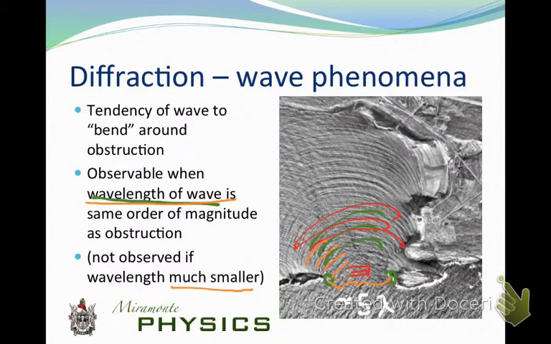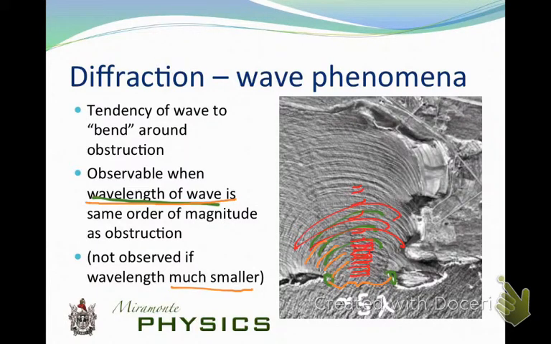If you had much shorter, crisper, smaller waves, then you can imagine that the waves would come straight through, creating a sharp shadow. They wouldn't bend like they do. But because the wavelength is on the order of the opening, you get this bending effect. So that's something that is observed with water.